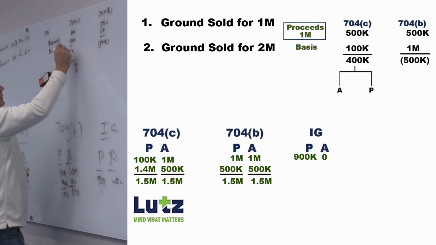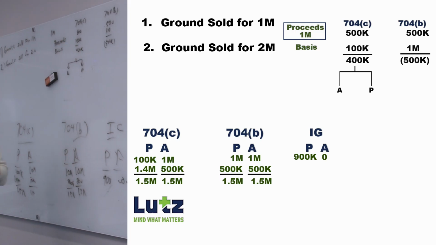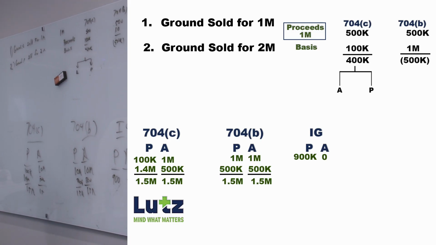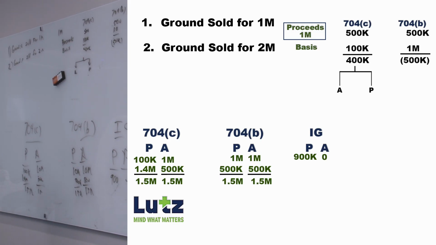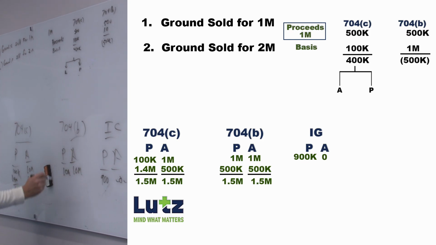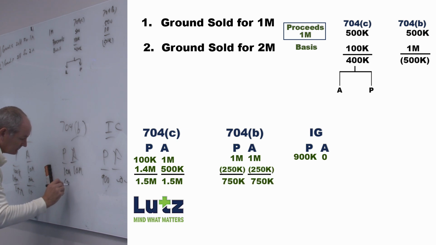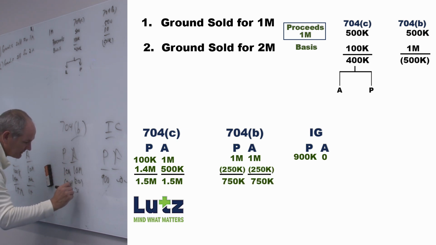Yep. And we have 400K income, correct? Oh, Jesus Christ, what do we do with this? Honestly, we have negative 250, right, Brett? Yep. Negative 250, 750, 750.